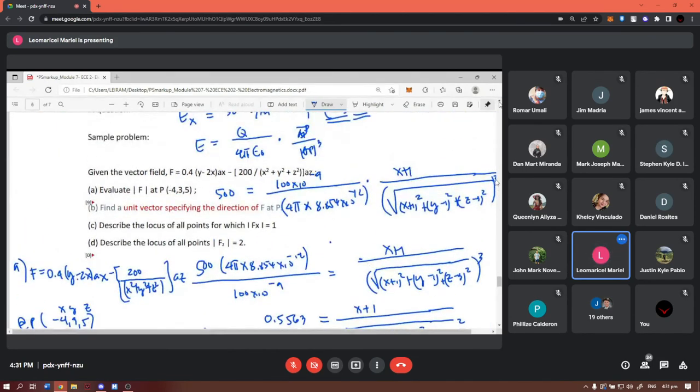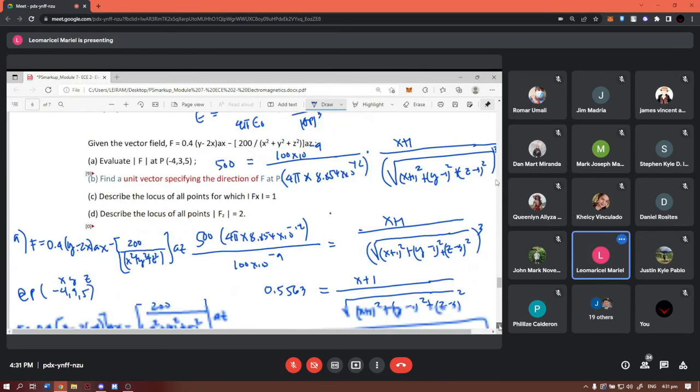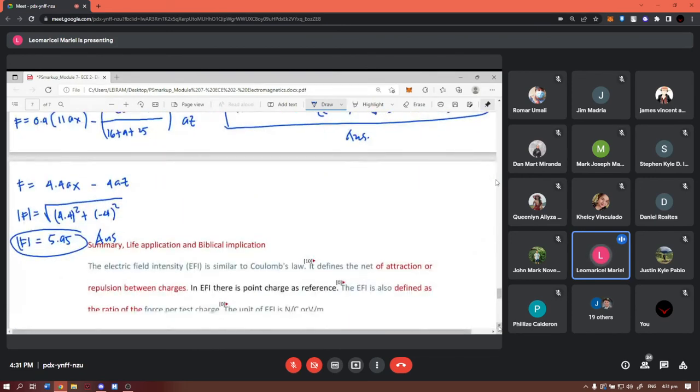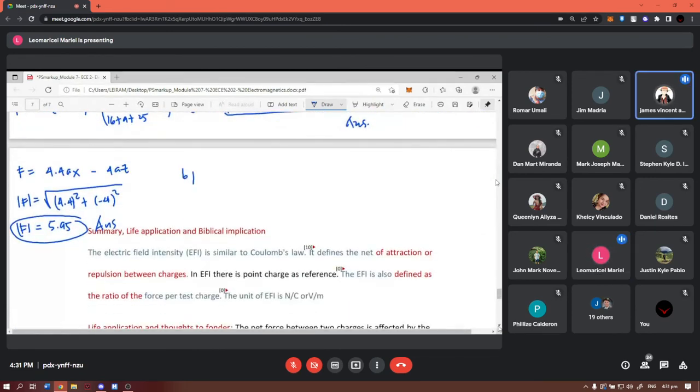And then, letter B, find a unit vector of the direction of F at P. Unit vector daw. Ano ba unit vector? Ade, yung given natin over magnitude. Vector over the given magnitude.